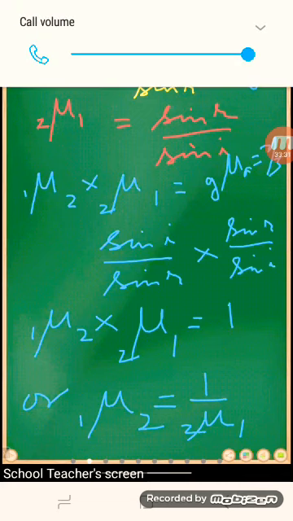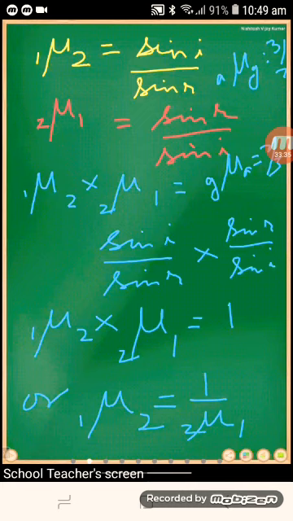So this is what we can use it for. The principle of reversibility means that it is going to follow the same path if you reverse the path, provided you are allowing the light to be incident at the same angle at which it was getting refracted. I hope this is clear to all of you.